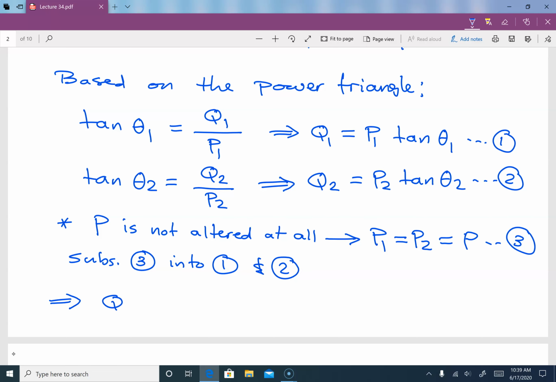That Q1 is equal to P tangent theta 1, and Q2 is equal to P tangent theta 2.